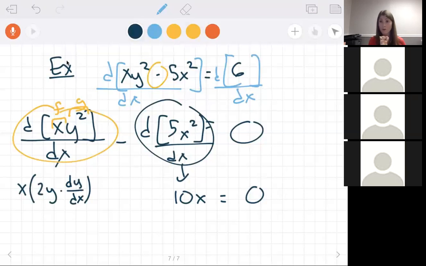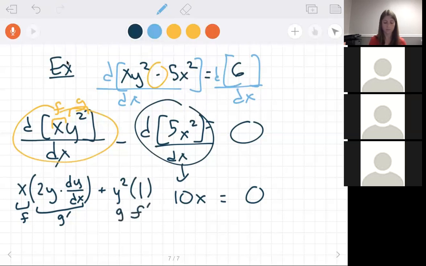Now, that's the first part of the product rule. This is really just f g prime. Then product rule says do your second function times the derivative of the first. The derivative of our first is just 1. So this is g f prime. Now, don't lose, in this case, your minus.